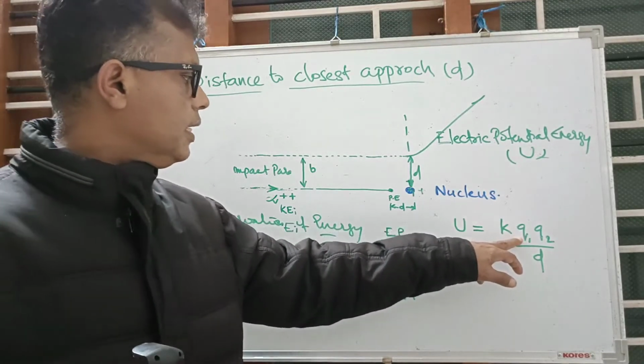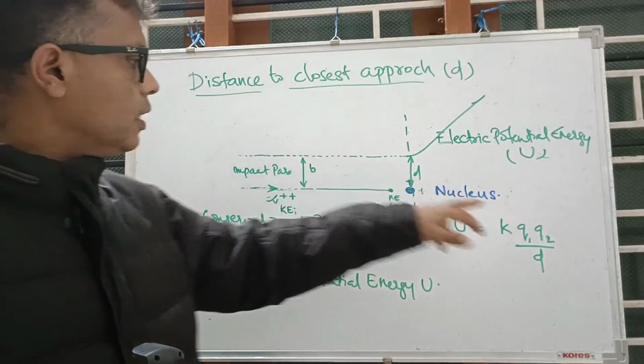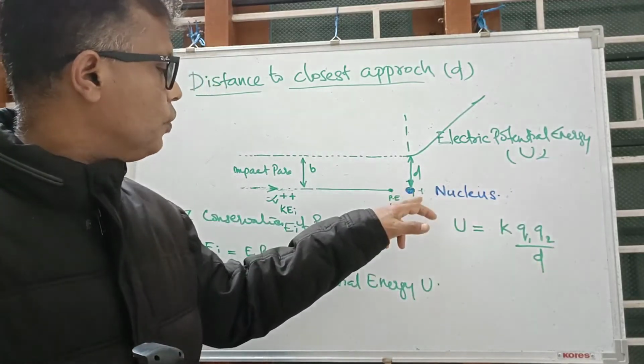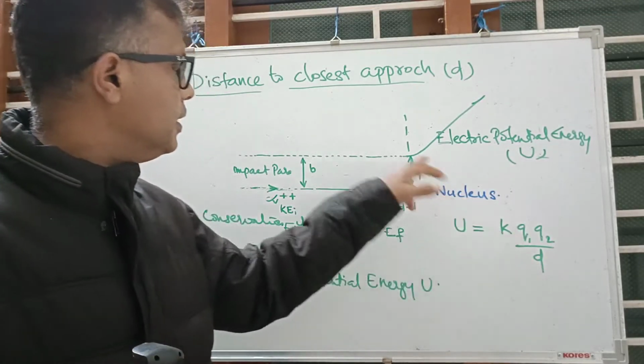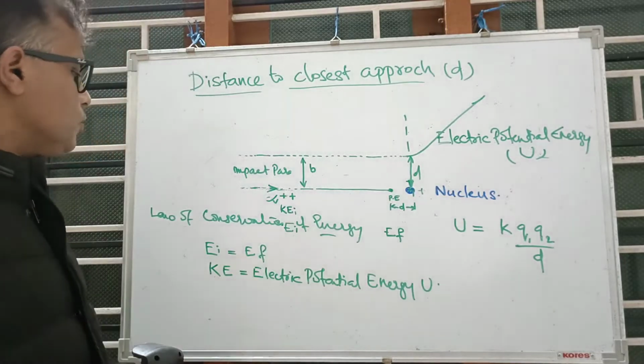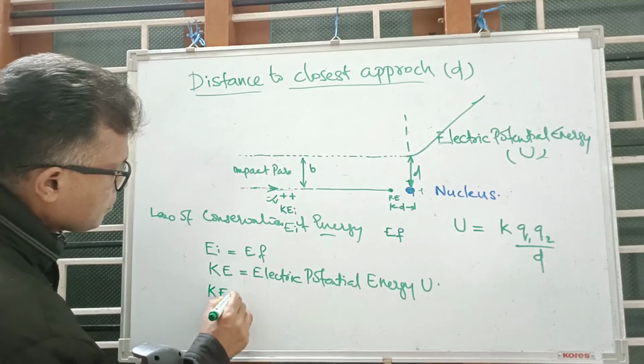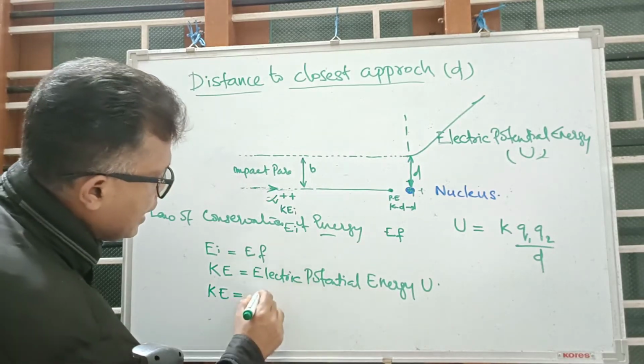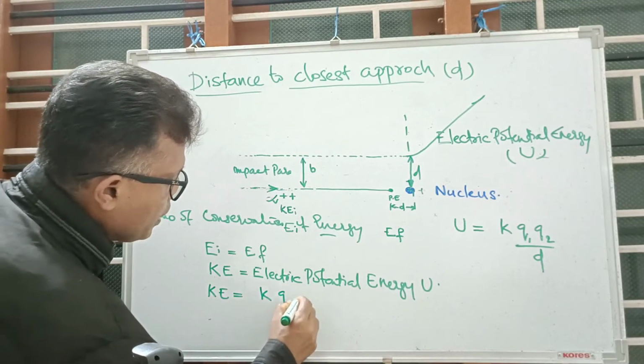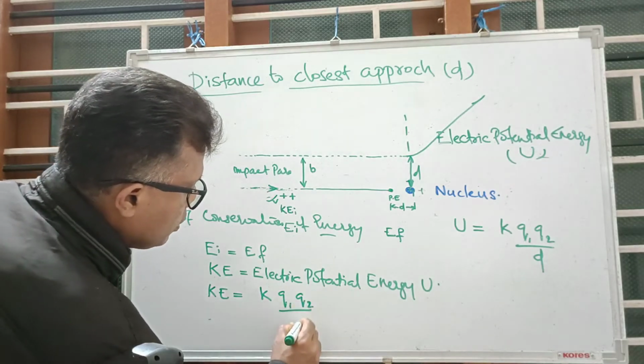Q1 is the charge of the alpha particle. Q2, charge of the nucleus. D is the distance of closest approach. So, kinetic energy is equal to K Q1 Q2 by D.